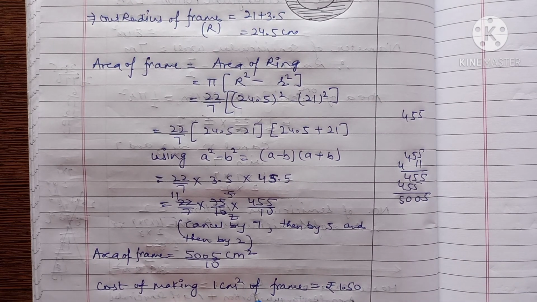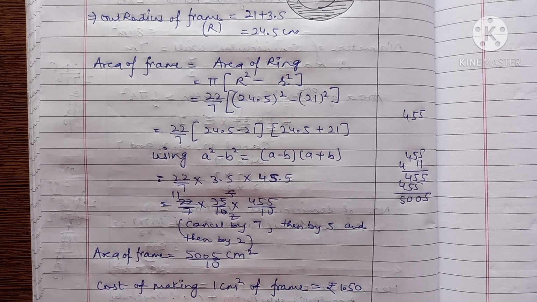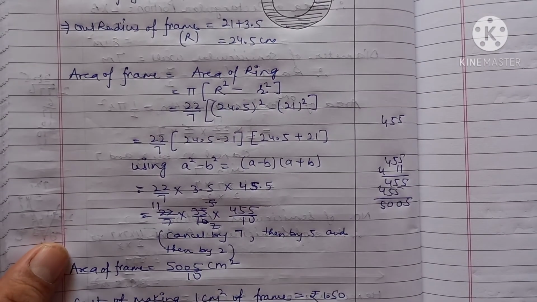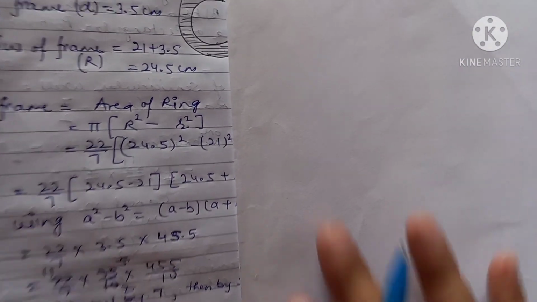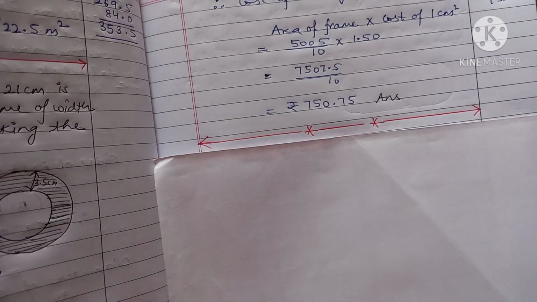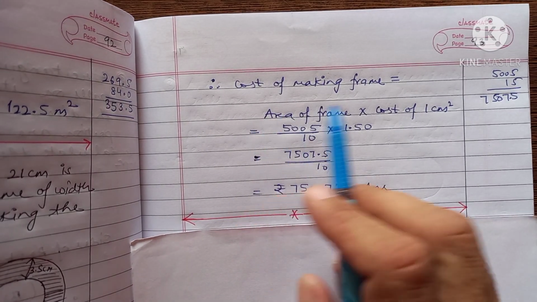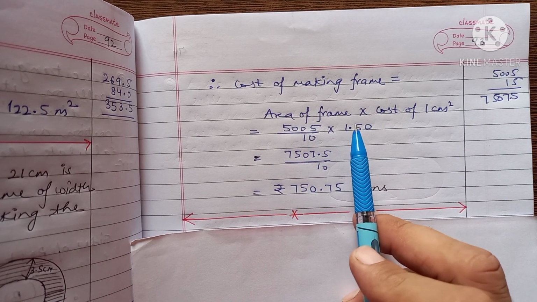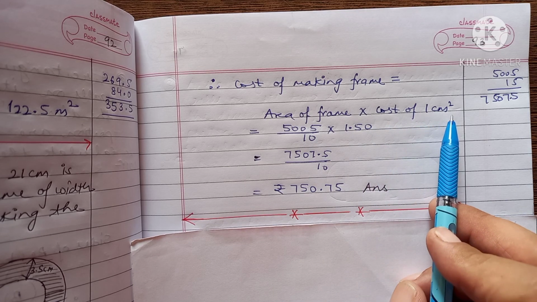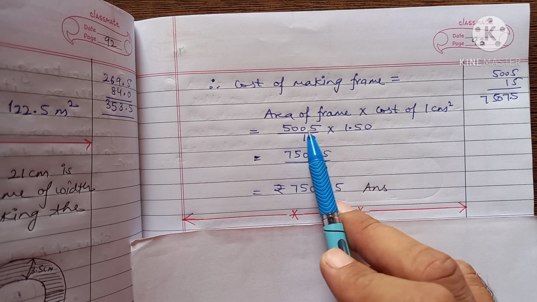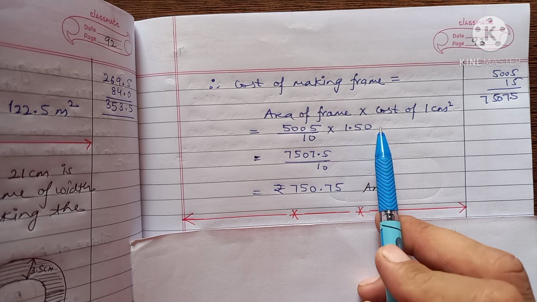Now the cost of making 1 centimeter square of frame is rupees 1.50. So by multiplying this cost with the total area of the frame, we get the cost of making the frame. So the cost of making the frame is equal to the area of the frame into the cost of 1 centimeter square. So it is 5005 over 10 into 1.50.